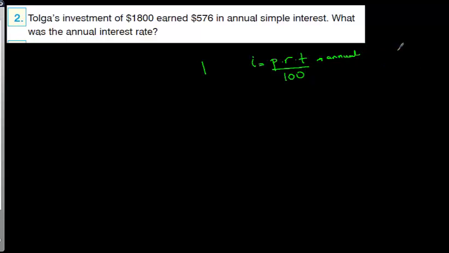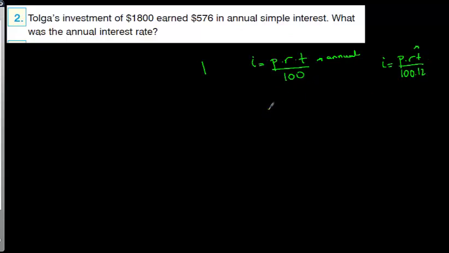Do you know what the monthly interest is? Monthly is P times R times T over 100 times 12. This is monthly. What about your daily interest? 100 times 360. Okay. It says annual simple interest, so we are going to use this formula, not the others.